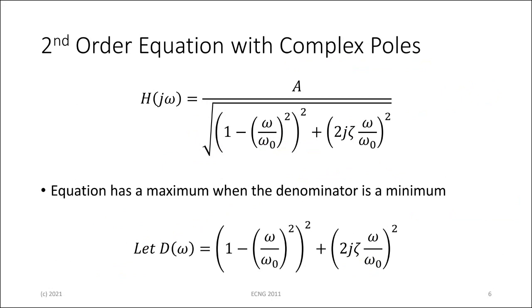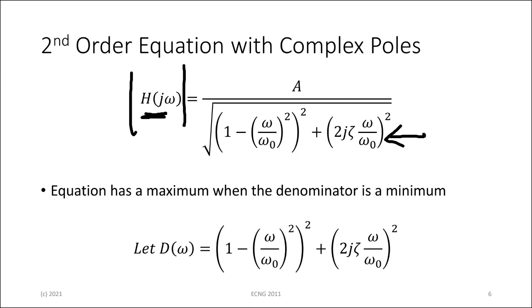Now this equation here, let's look at H of j omega. The magnitude of H of j omega is given by this function. Now this function is a quadratic that we're dealing with, a square root of a square. And this will have a maximum value when this bit here is a minimum. Fair enough?